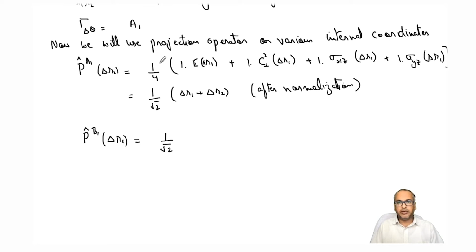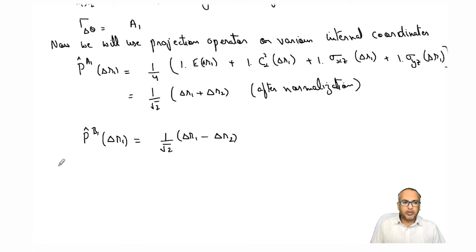I'm not going to write the detailed calculation. Now I will get delta R1 minus delta R2, right? So this linear combination is obtained when you apply the projection of B1 symmetry onto delta R1, right?